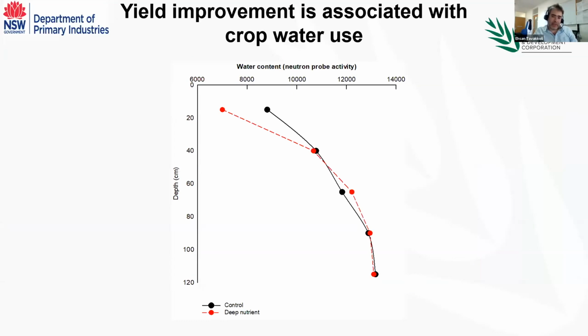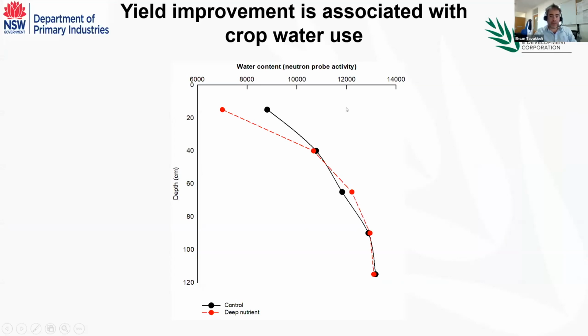This measurement here is how much water is being taken up by the plant. Don't worry about the complexity of this graph. Just focus on the fact that if we are shifting to the left-hand side of this graph, the plant is taking more water from the subsoil. These two bars are the control and deep nutrients, where we just put nutrients into the subsoil, compared to doing nothing.